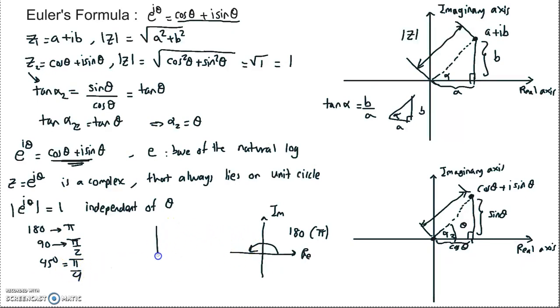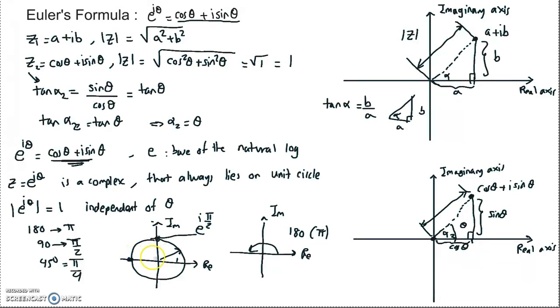So if we have our real axis and imaginary axis, and we draw a circle which has a radius of 1, this point here on the unit circle would be e to the i pi over 2.